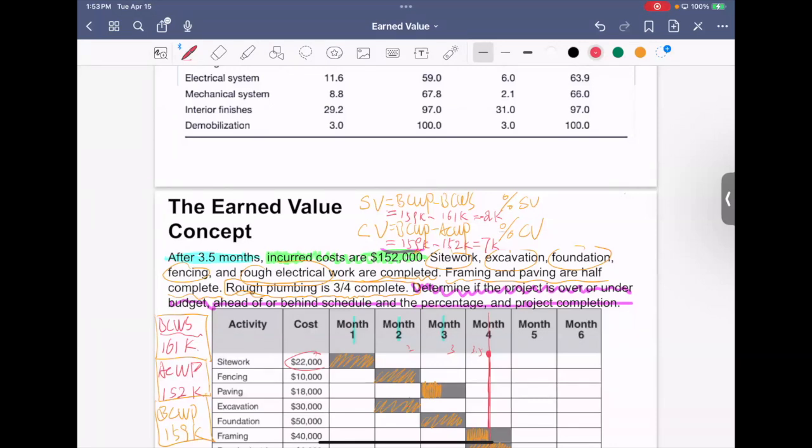And this actually is a negative two, right? It's a negative $2K. So if SV is less than zero, that means you are behind the schedule, right? And if CV is more than zero, you are under the budget, right?